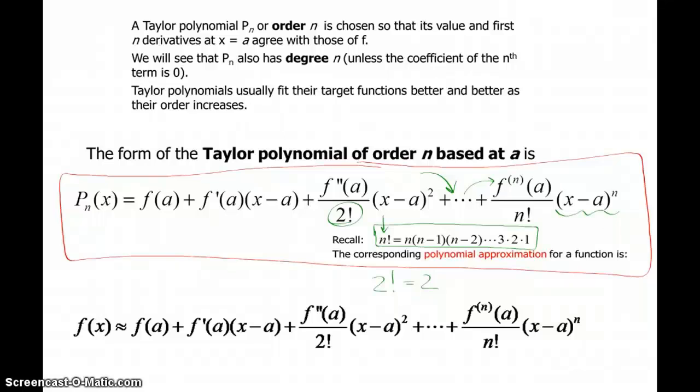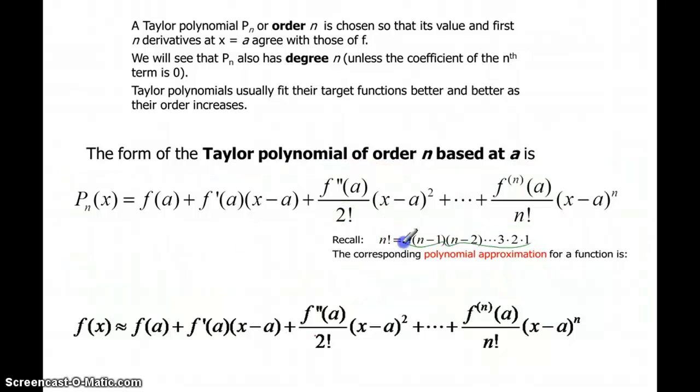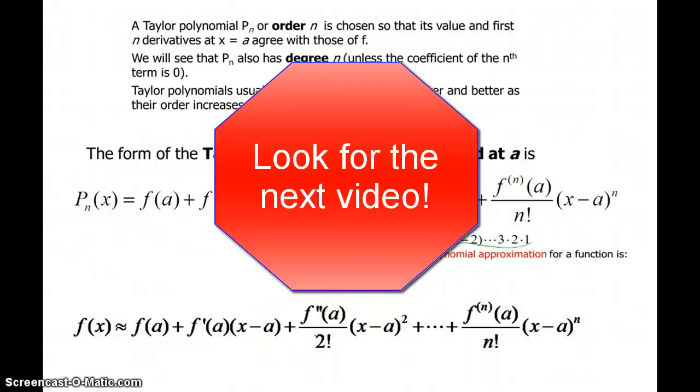So for instance, 7 factorial is 7 times 6 times 5 times 4 times 3 times 2 times 1. All right? That would be what 7 factorial looks like. You understand, you just multiply by the next smallest integer all the way down to 1.